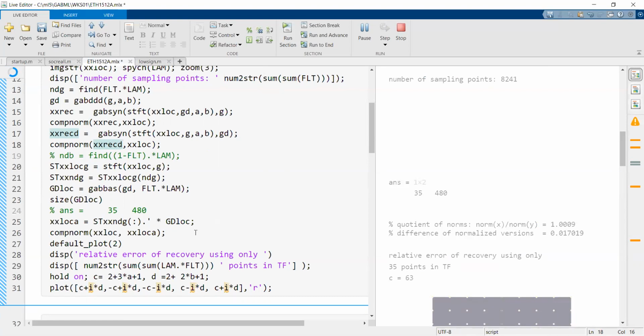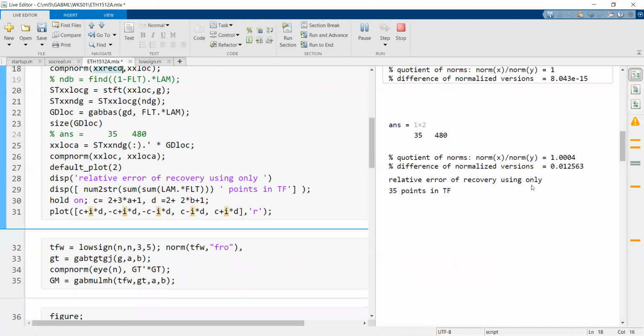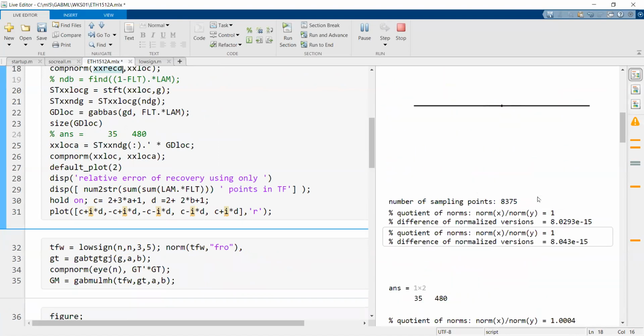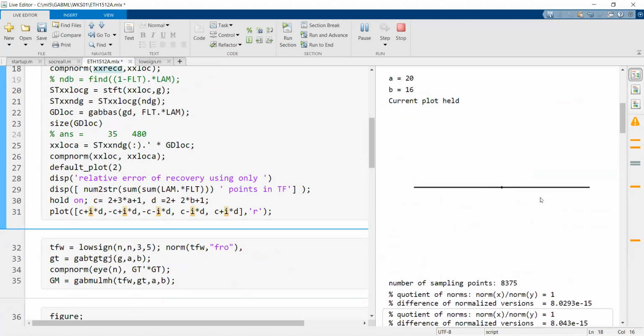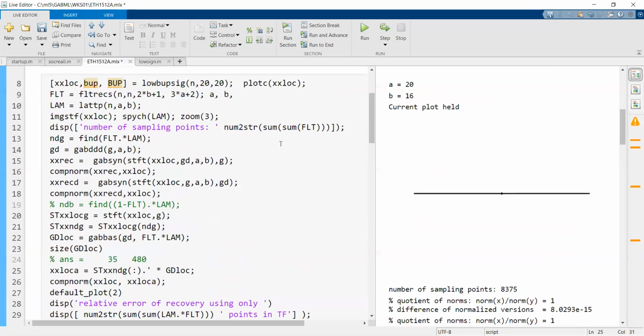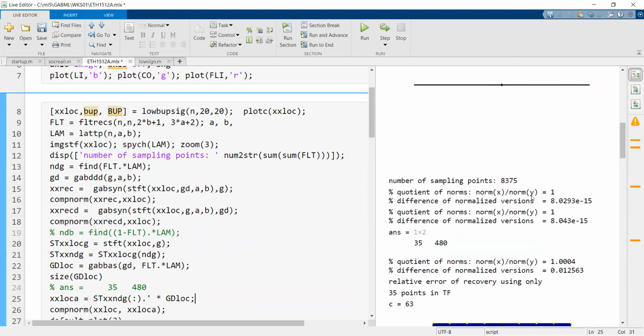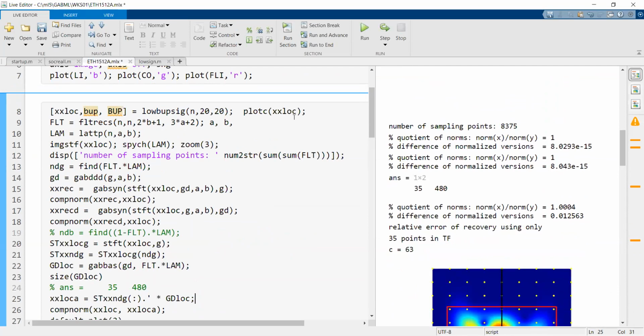So only at the end, I'm saying we have computed the error. So let's see what we get here. Yeah, so it seems that there's a problem with this first plot.